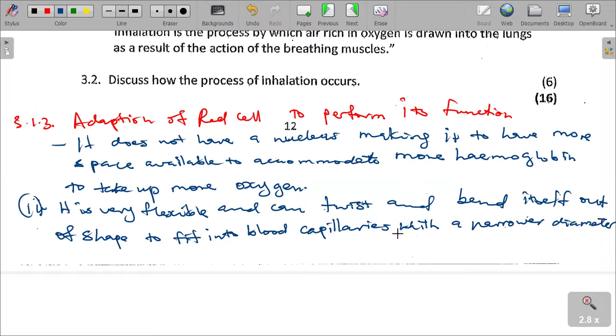With a narrower diameter, that is also one other point, slowing down its movement, allowing for more time to take up oxygen.